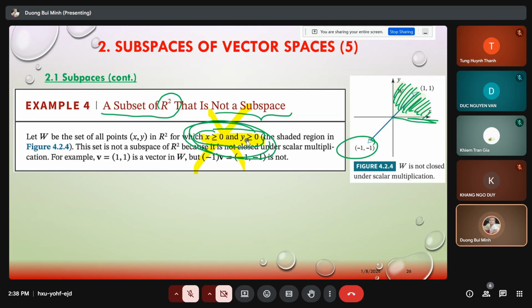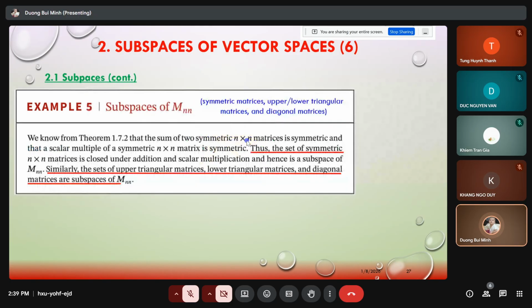So we have some spaces. Continue. We have some spaces of n rows and n column matrices. What are the spaces of n rows and n columns? We have symmetric matrices, right? Do you know symmetric matrices?